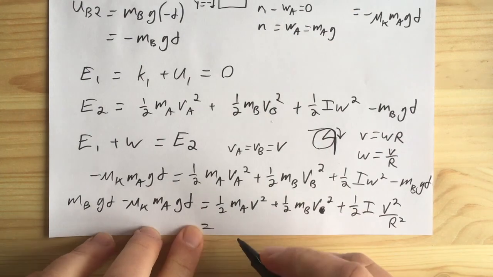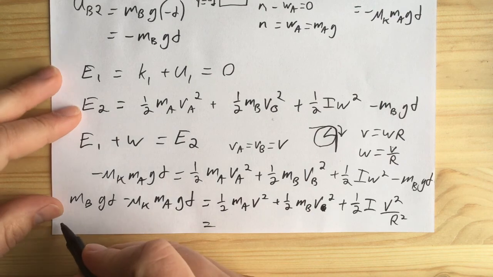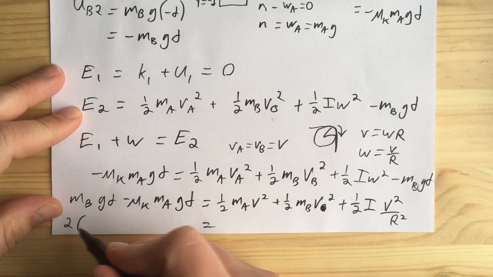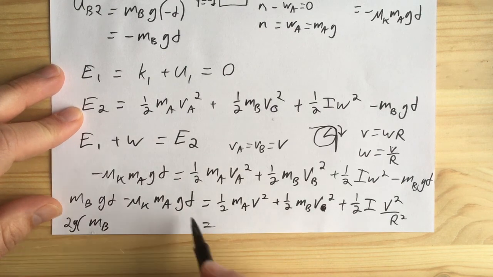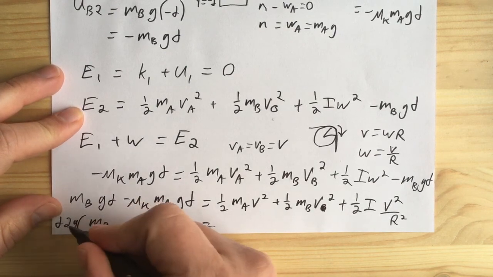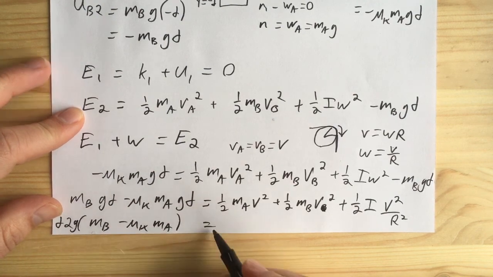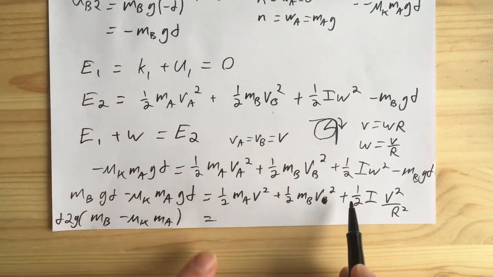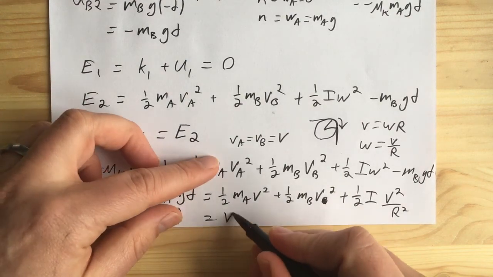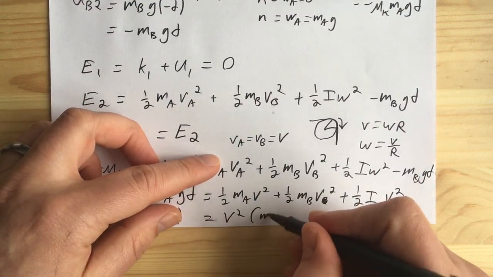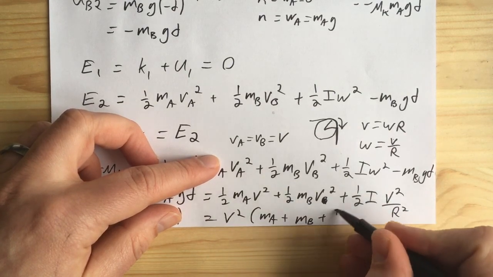Now I can factor out a term, and I'll multiply both sides by 2 just to make things a little simpler. I have a g in both terms here, 2g, and actually I have a d in both terms too. So d times 2 times g, (m_B minus mu_k m_A) is equal to, and now since I multiplied both sides by 2, all these 1/2s go away, and I have a v squared in each term, so I can factor out that v squared: m_A plus m_B plus I over r squared.